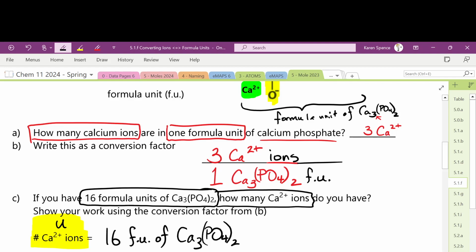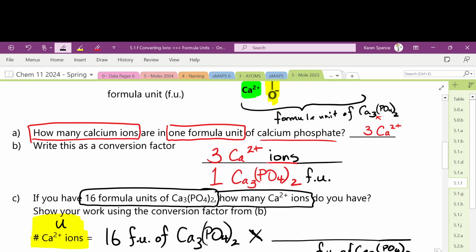We write a times sign. You guys are thinking too hard. Just want a times sign. And what do we draw next? A line. Oh, and what goes on the bottom underneath the line? Formula units of Ca3(PO4)2.